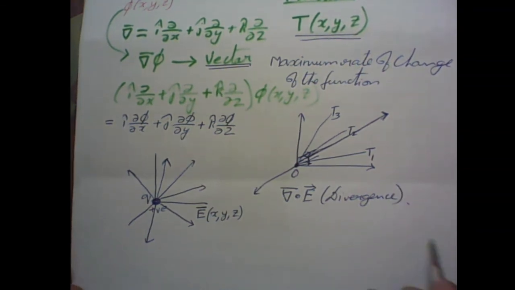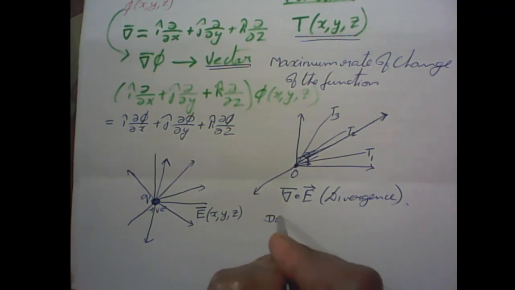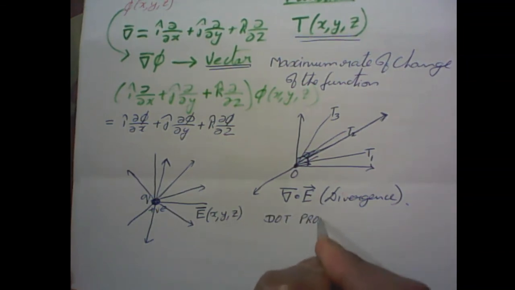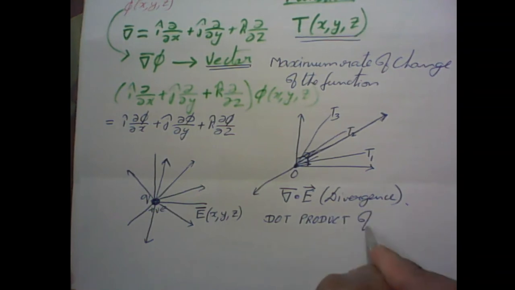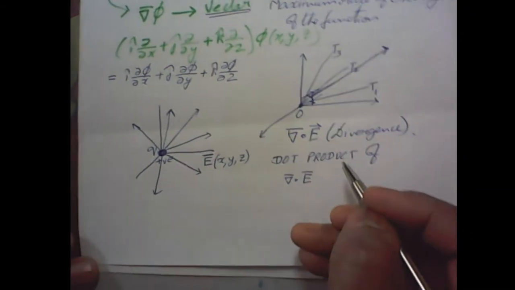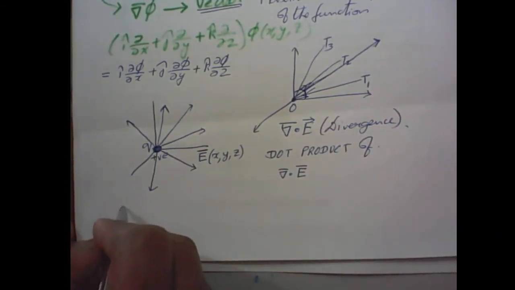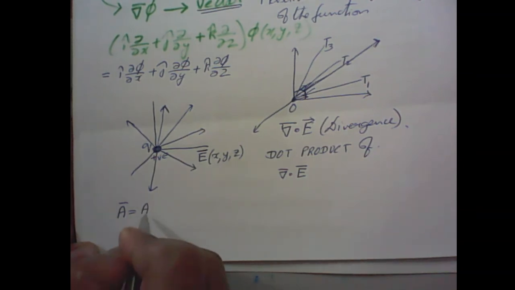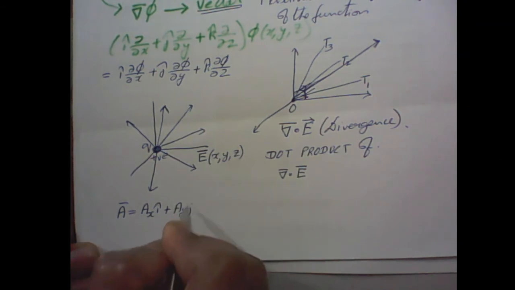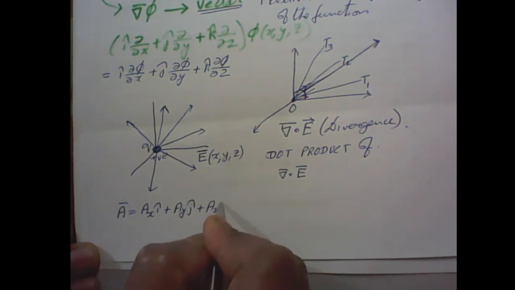How is it measured? Divergence of a vector function is given by the dot product of the del operator and the vector. In general, let me say I have a vector A which has three-dimensional components along all three axes, Ax i plus Ay j plus Az k.